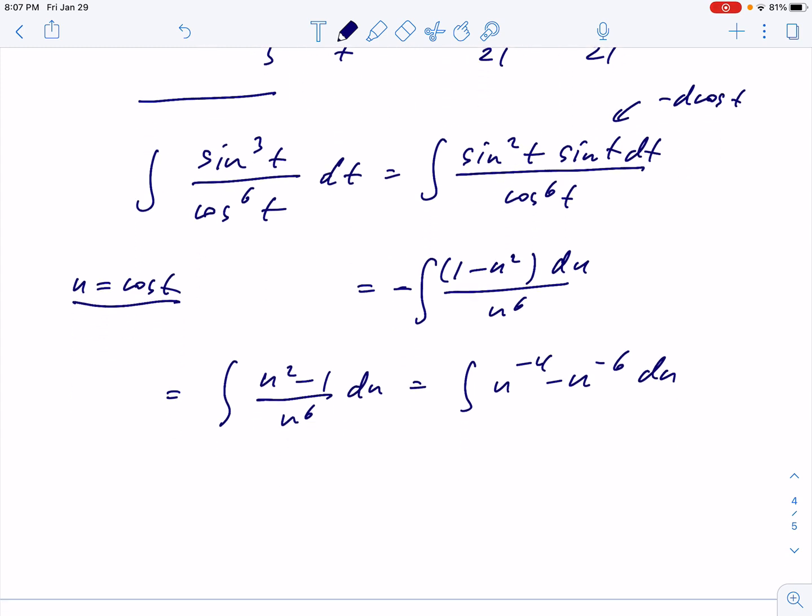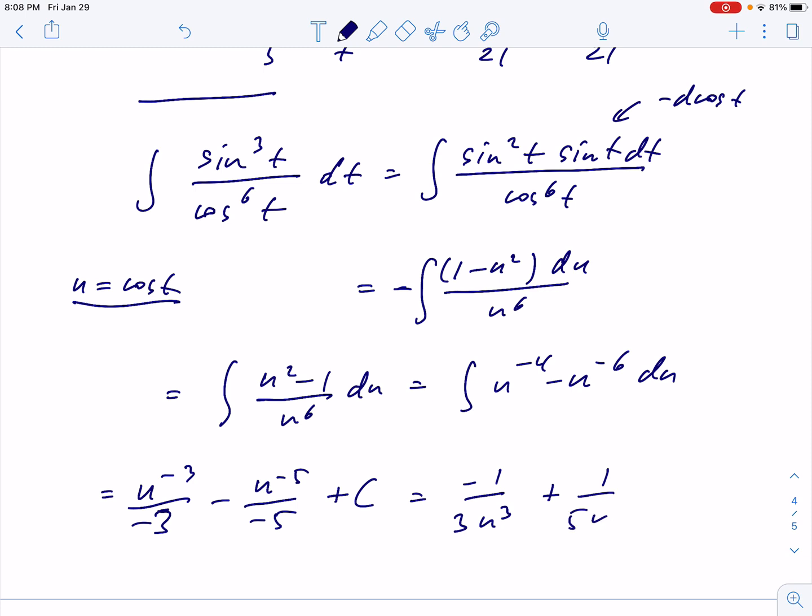And then the power rule equals u to the negative 3 over negative 3 minus u to the negative 5 over negative 5 plus c. Simplifying, negative 1 over 3 u cubed plus 1 over 5 u fifth power plus c.